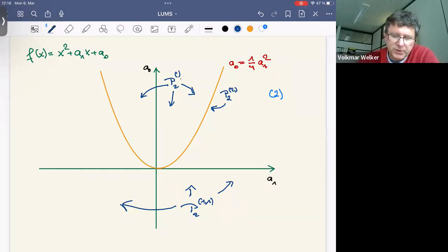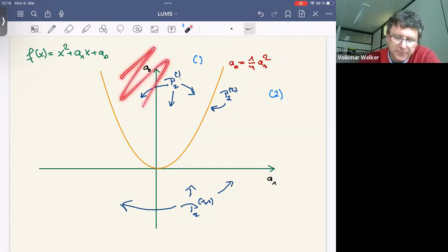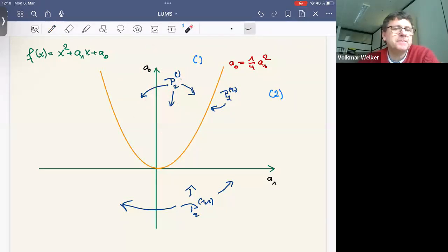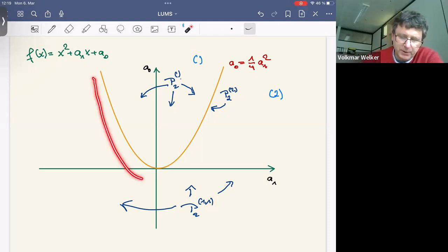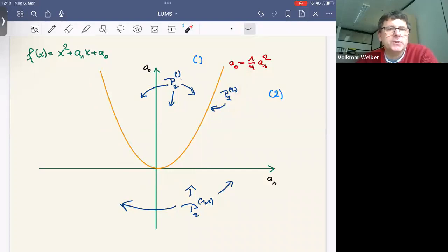That corresponds to the empty root pattern. This one here, maybe also label that one, corresponds to the empty root pattern. So the whole space above the parabola, the open cell here, is a cell of dimension 2, and this corresponds to this root multiplicity. And below we have 2 different real roots corresponding to root multiplicity 1, 1. And again, you easily check that the space below this parabola is a 2-cell.